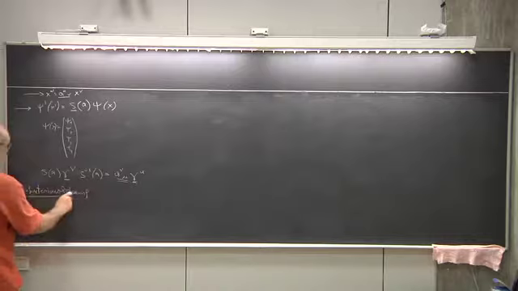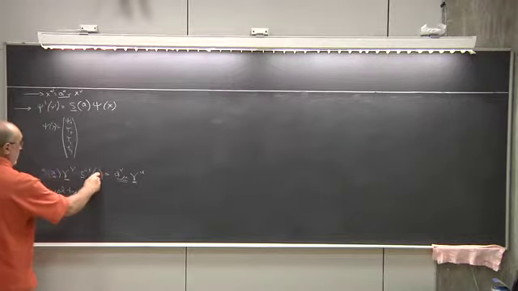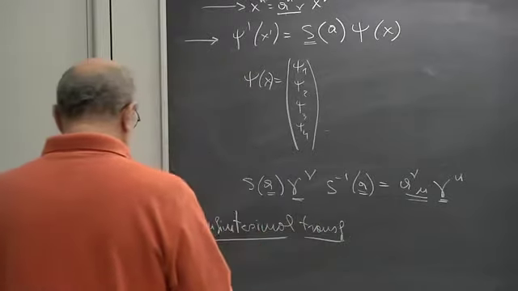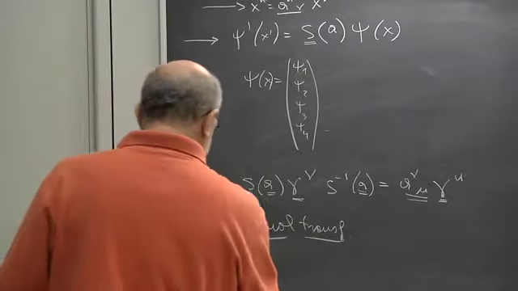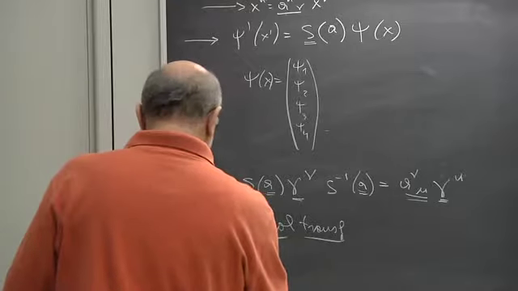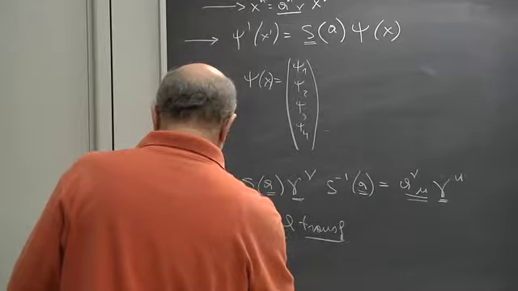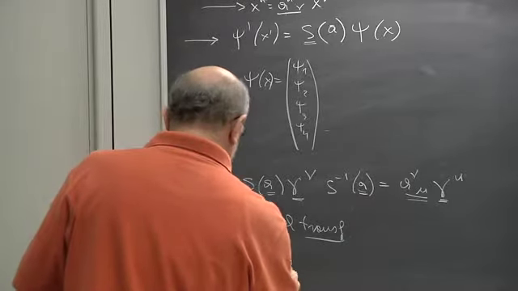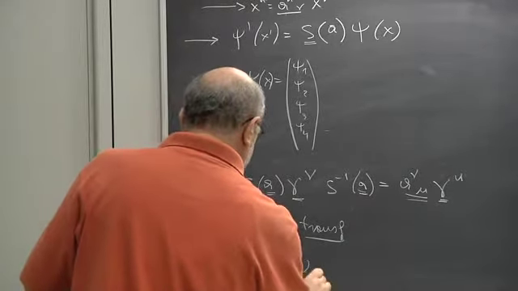And the infinitesimal transformation has to be this A, okay? And so let's write the A nu mu as delta nu mu plus delta omega mu nu.